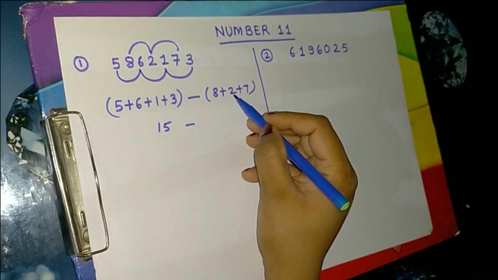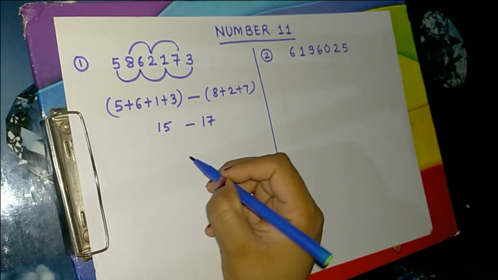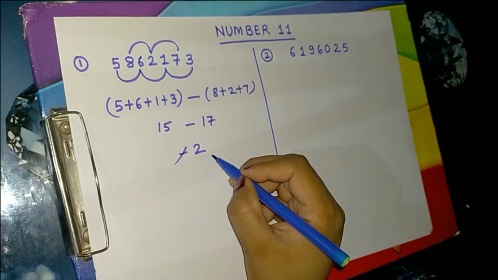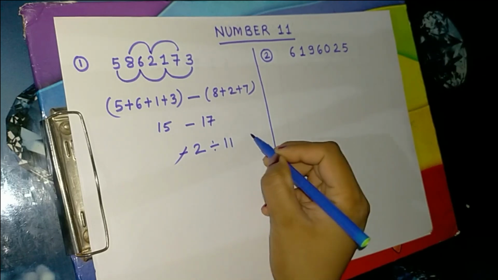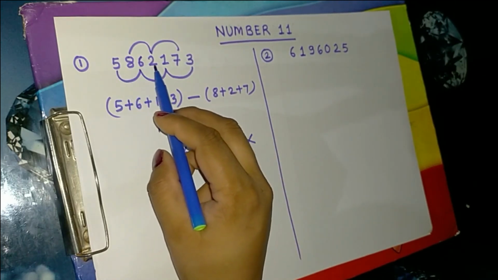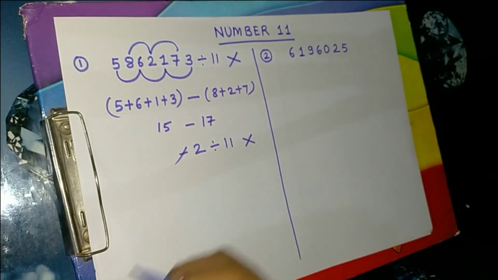Here 8 plus 2 is 10, 10 plus 7 is 17. So here 15 minus 17 is minus 2. Just ignore this minus sign. But we know that 2 is not divisible by 11. So here we can say that this number 58,62,173 will also not be divisible by 11.